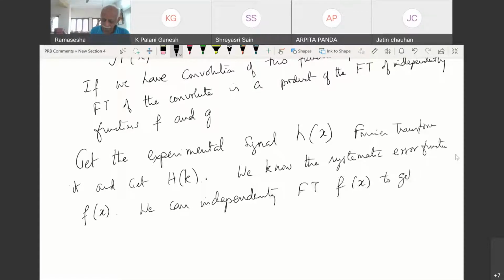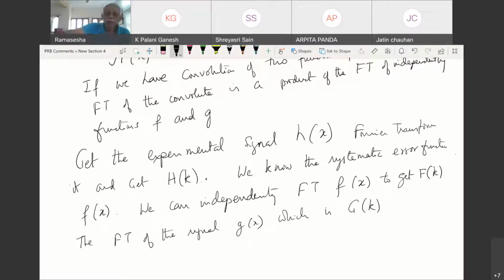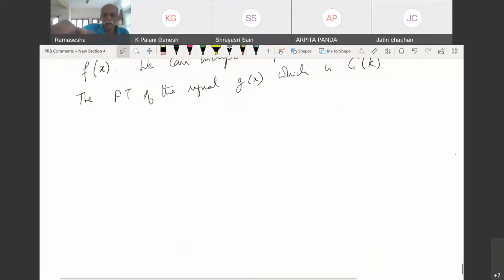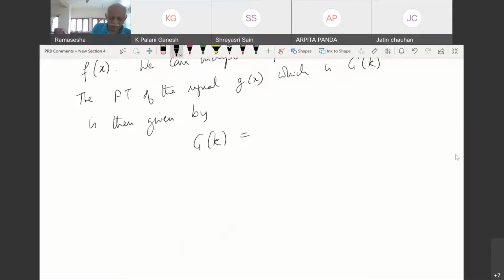The Fourier transform of the signal g of x, which is capital G of k, is then given by H of k divided by f of k.